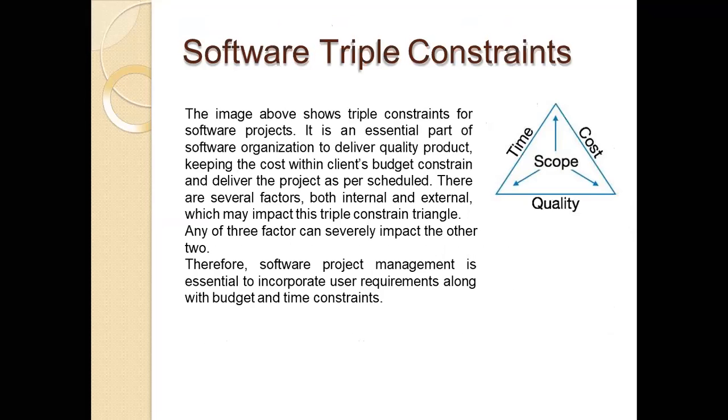So a schedule should be there, a time constraint is there, a cost constraint is there. There are several factors, both internal and external, which may impact this triple constraint triangle. Any of the three factors can severely impact the other two. Therefore, software project management is essential to incorporate user requirements along with the budget and time constraints.